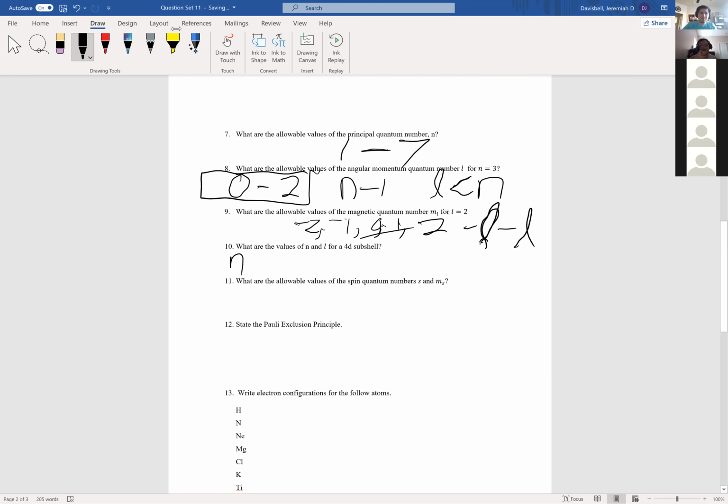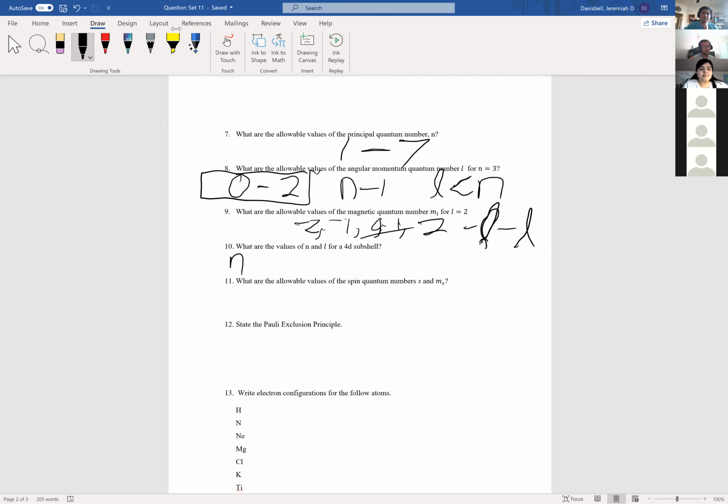Alan, quick question. Yep. So do we apply that for this one? Because I always get it. For which one are we looking at? Number 10, right? Number 10, yeah. Choosing an N value or an L value? An N value. For the 4D, it would technically be 5, right?